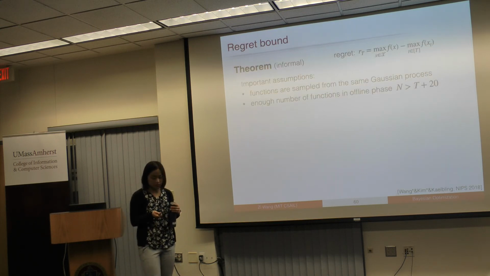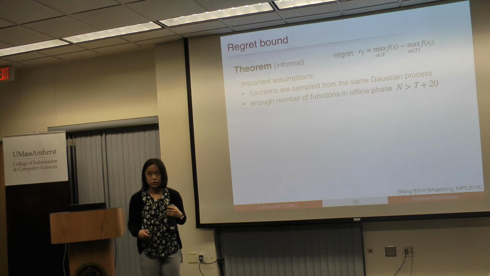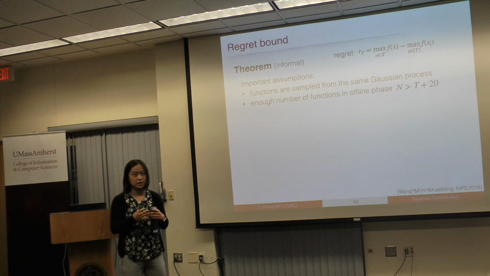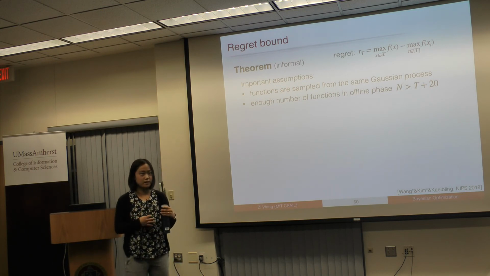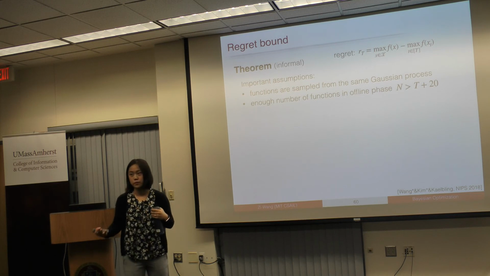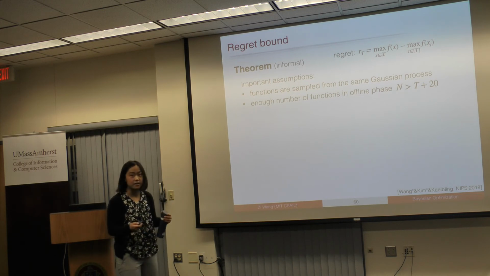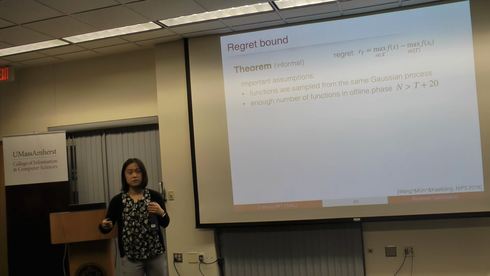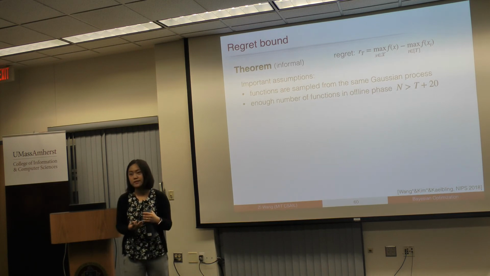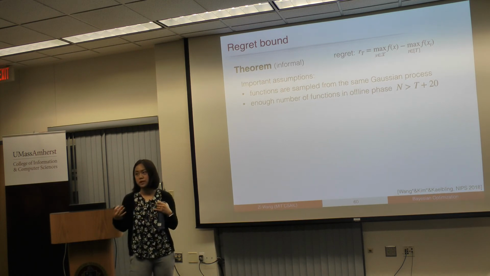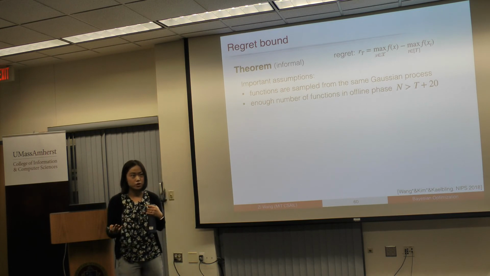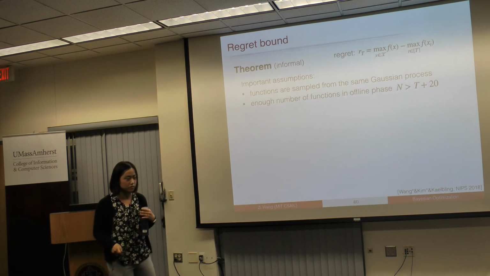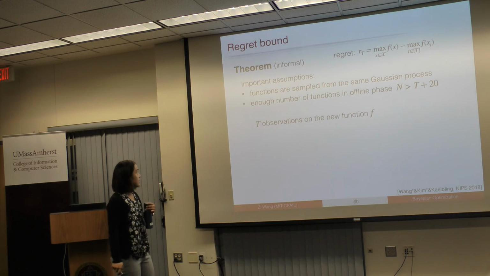And the good thing about carefully tuning these estimations for the posterior and the prior is that we can in fact obtain a regret bound for the case where we don't know the prior distribution, which is something people haven't done before.